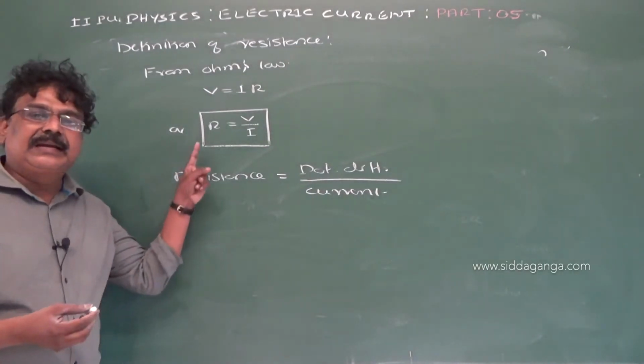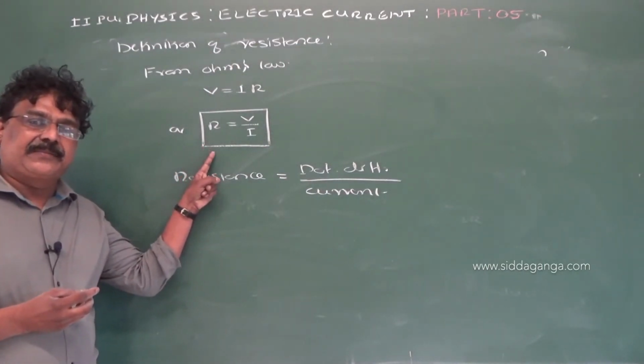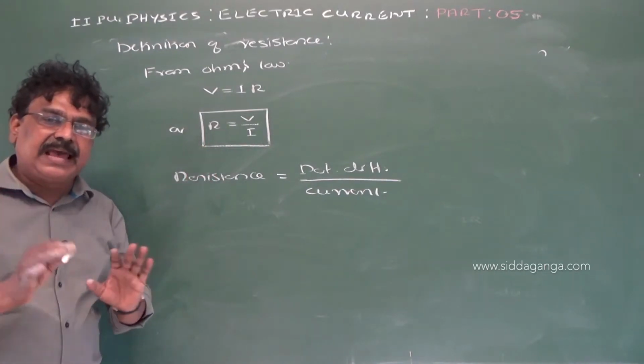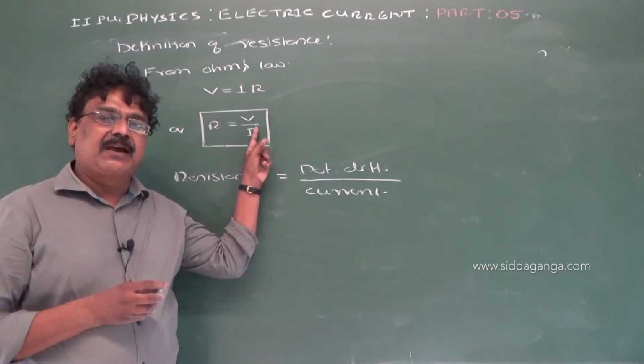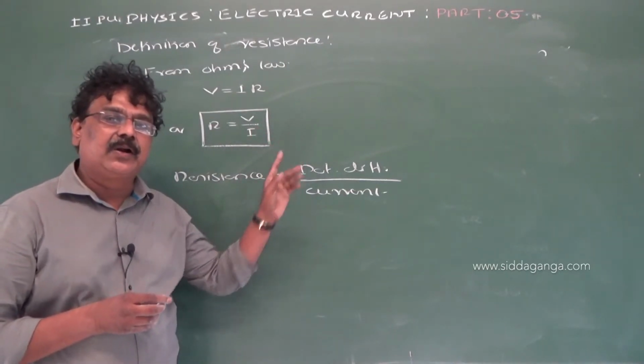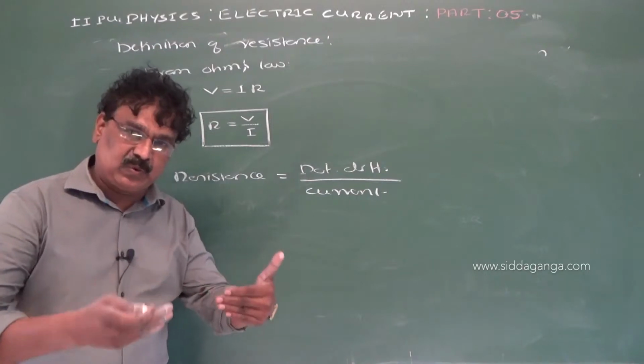Therefore, electrical resistance of a conductor is defined as the ratio of potential difference across the ends of the conductor to the current flowing through it.